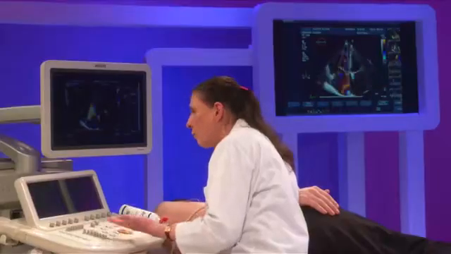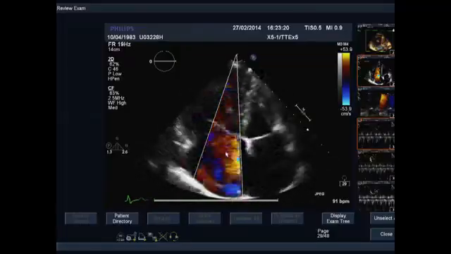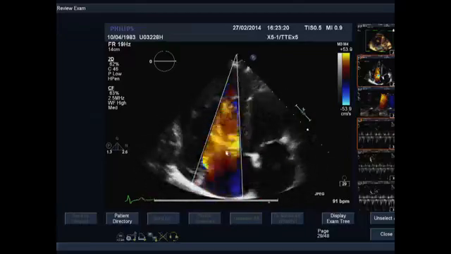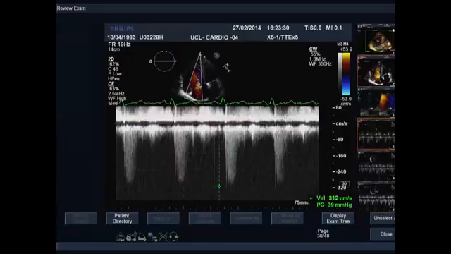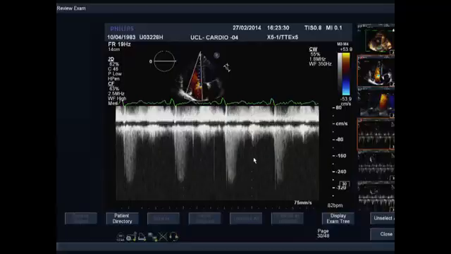So I'm in four-chamber view, I put my color Doppler on, and I will look at the tricuspid regurgitation, and I will put my continuous Doppler just inside to make the gradient and to have an idea of the pulmonary pressure. So it's just what I did here. So you have the measurement of the pulmonary pressure, and you can see that the estimation is around 36 millimeters of mercury. So it's not very elevated in this circumstance.